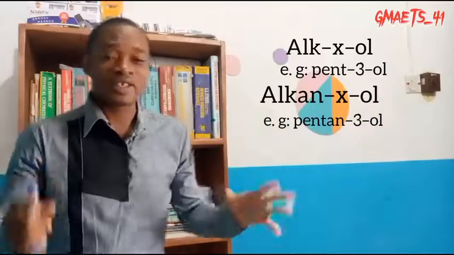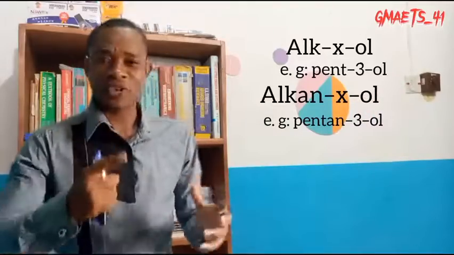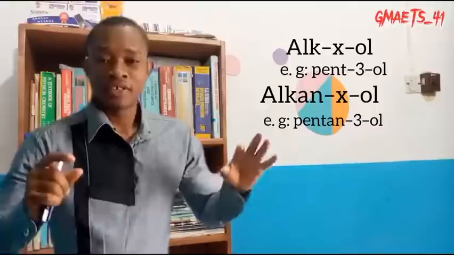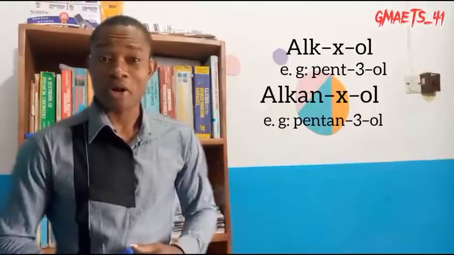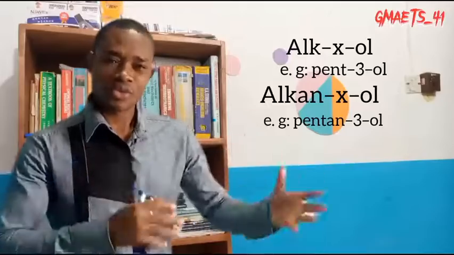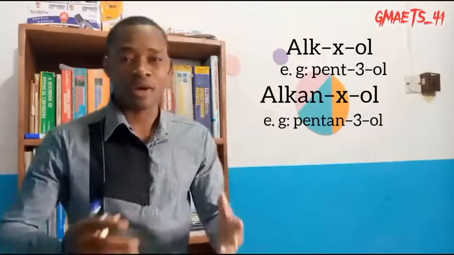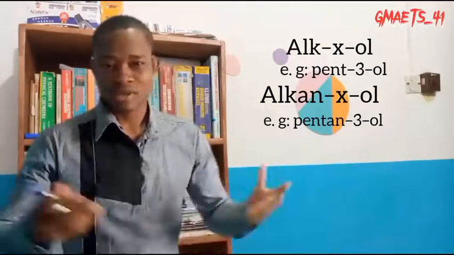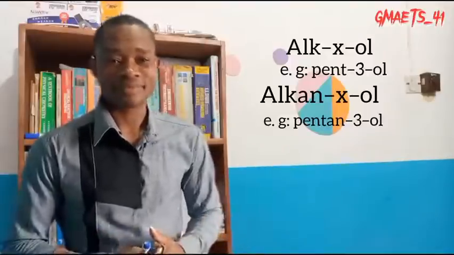Then that's just a new concept we are going to add. Are you following, right, to our study of the IUPAC nomenclature of alkanols? Every other rule will follow what you already learned from our previous classes: alkane, alkene, and alkyne.